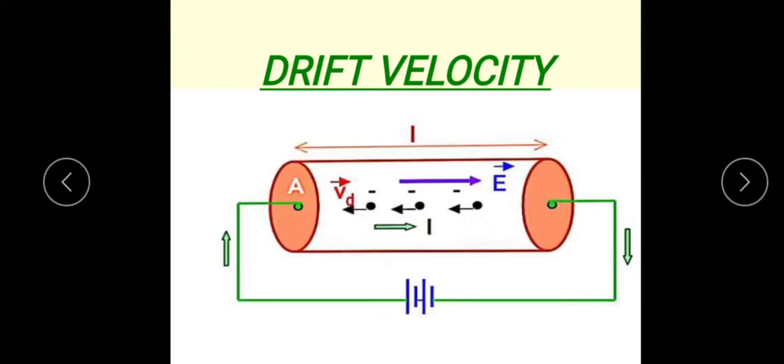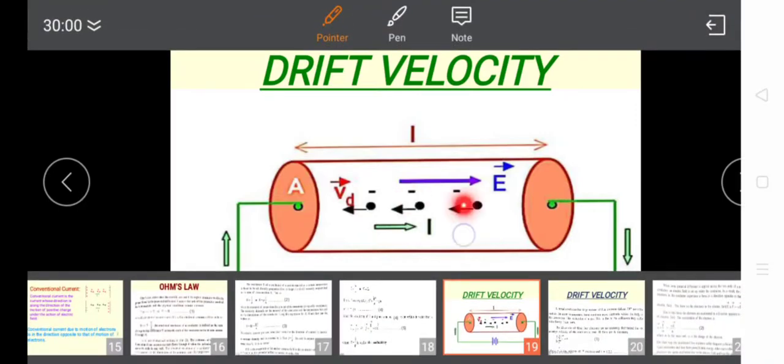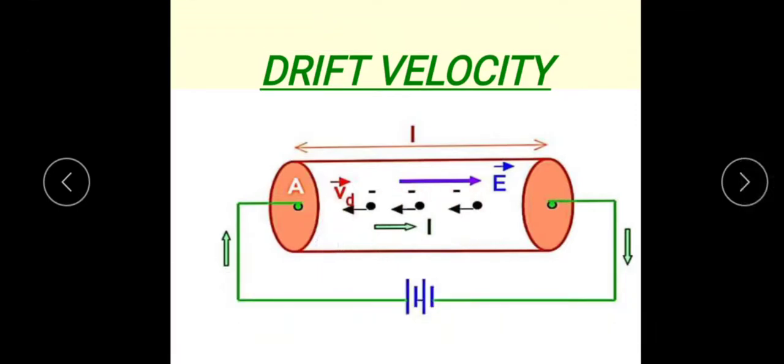Then these electrons, which are negatively charged particles, are attracted towards the positive side with some velocity. The average velocity of these electrons is what we call drift velocity.